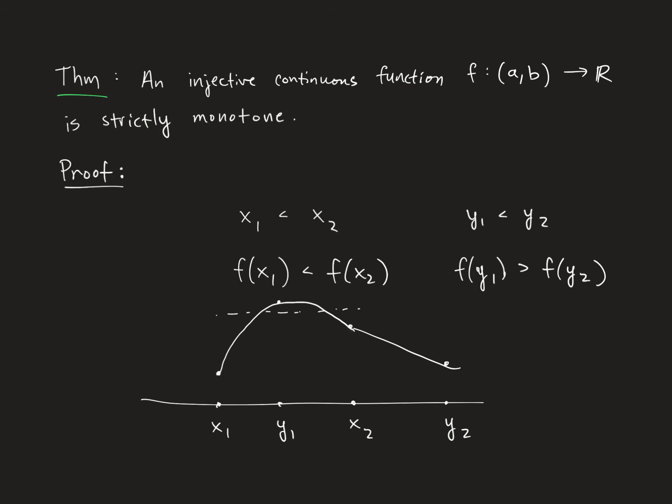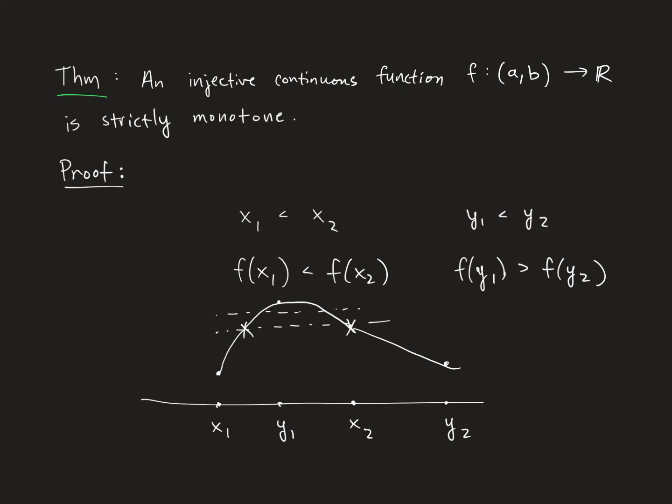And so your f of x2 is a value between the values f of x1 and f of y1, and therefore by the intermediate value theorem you have to hit the value f of x2 somewhere between x1 and y1. And x2 in this picture is to the right of y1, so you have two values which are hitting the same f of x2 value. So in this case, we have this value here, and we have that value there.